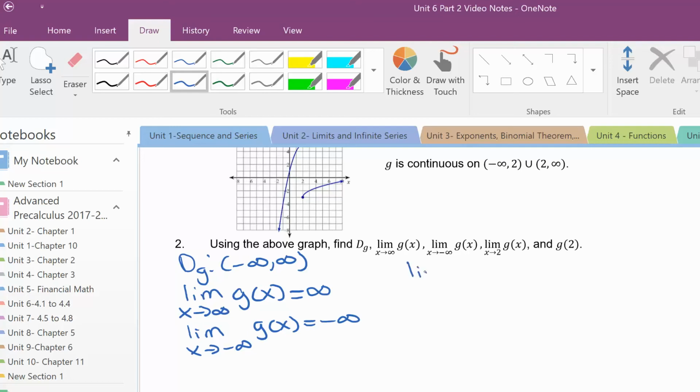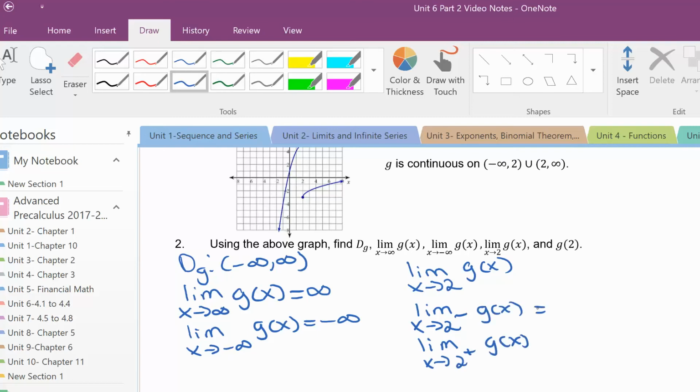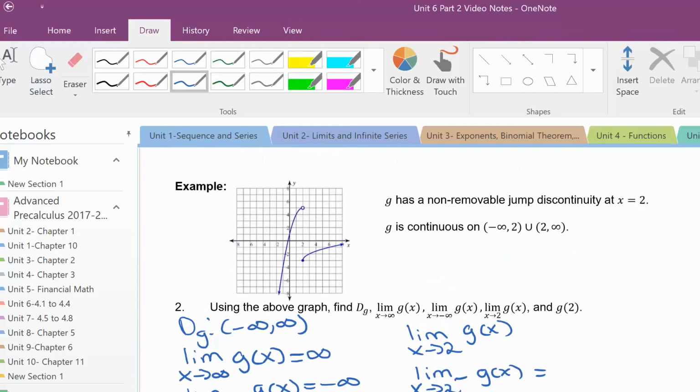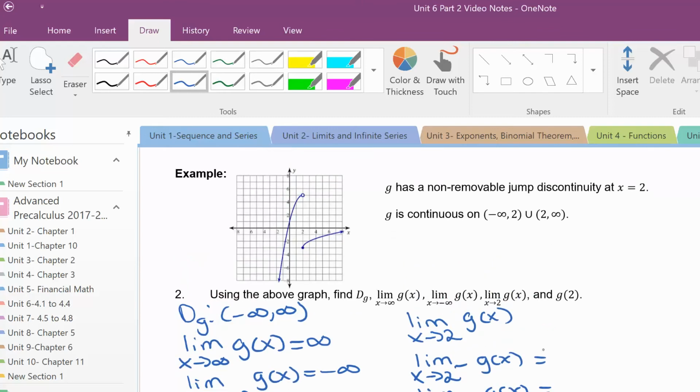The limit as x approaches 2 of the function, well, now we have to find the left and right-hand limit because we're looking at it graphically. So if we look at the left-hand limit, it goes to 5.